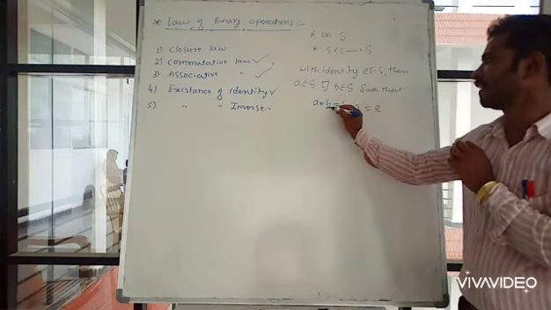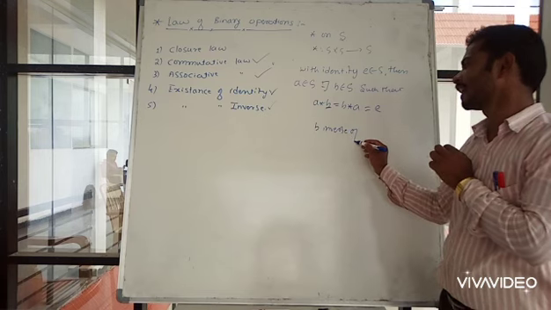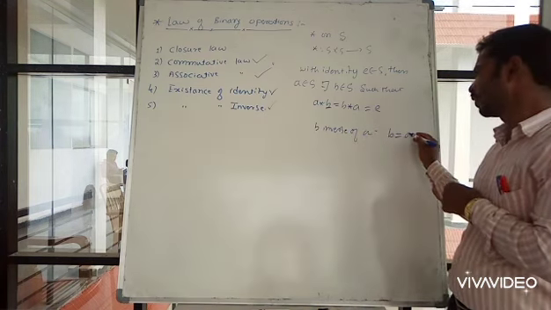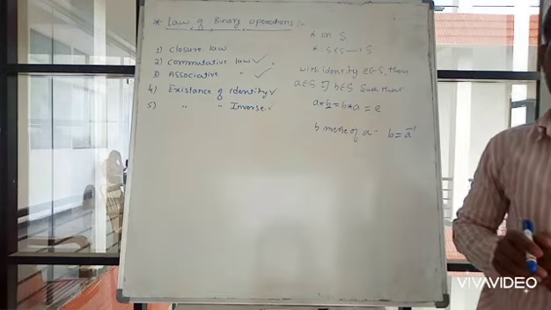Then B is called the inverse of the element A, usually denoted by B equals A inverse. This is the notation.